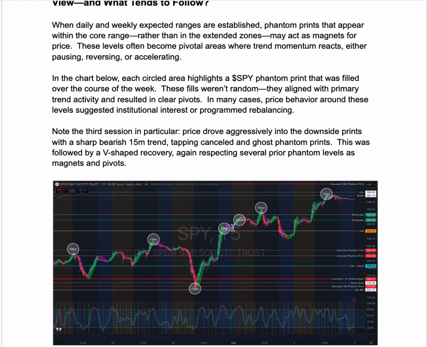They bounced all the way up, and then you can see more and more filled. But the third session was very notable because we tapped into the ghost zone of the ghost phantom prints, canceled phantom prints, and then a bunch of open phantom prints. So that was really productive in terms of the chart. And that was a huge pivot.